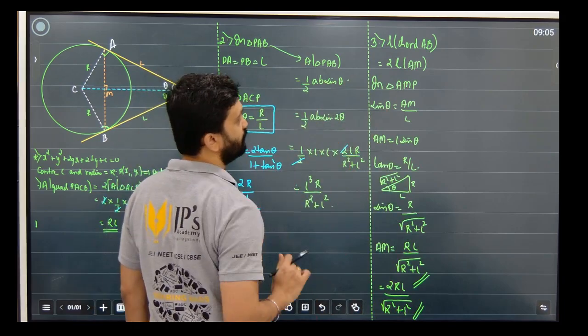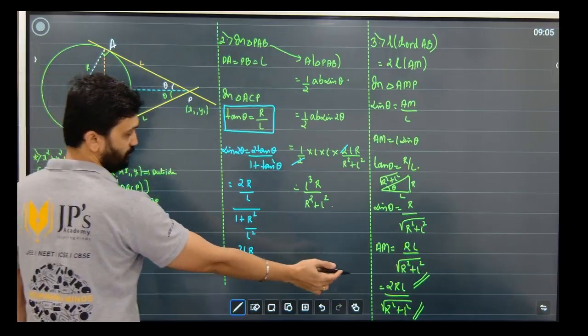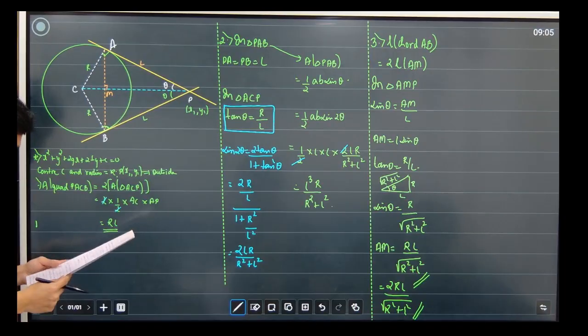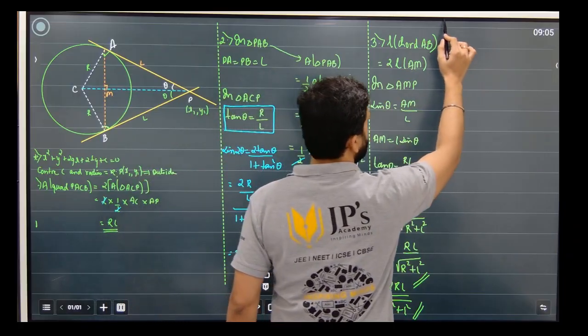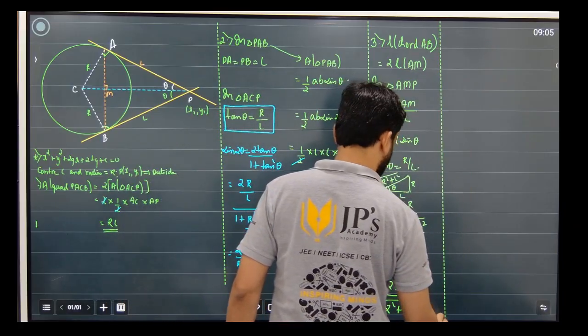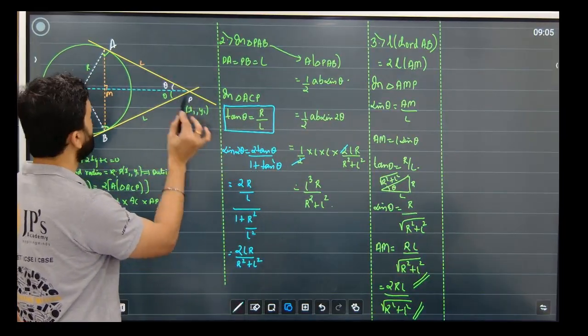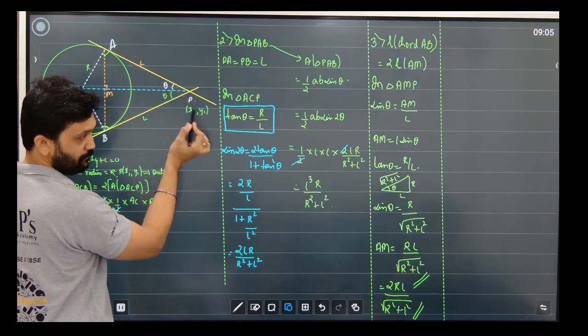So this is for chord AB. I found AM and multiplied it by 2, so I have got the length of chord AB. Has everybody understood this? So that is how we got RL.